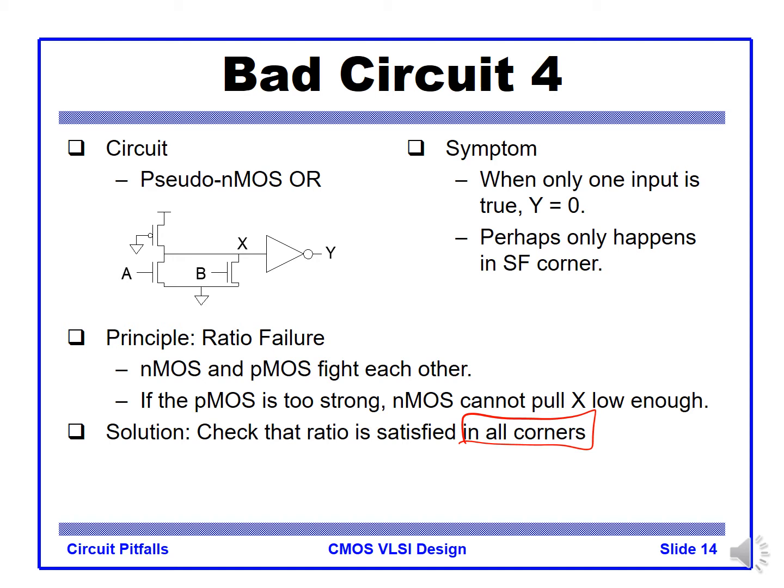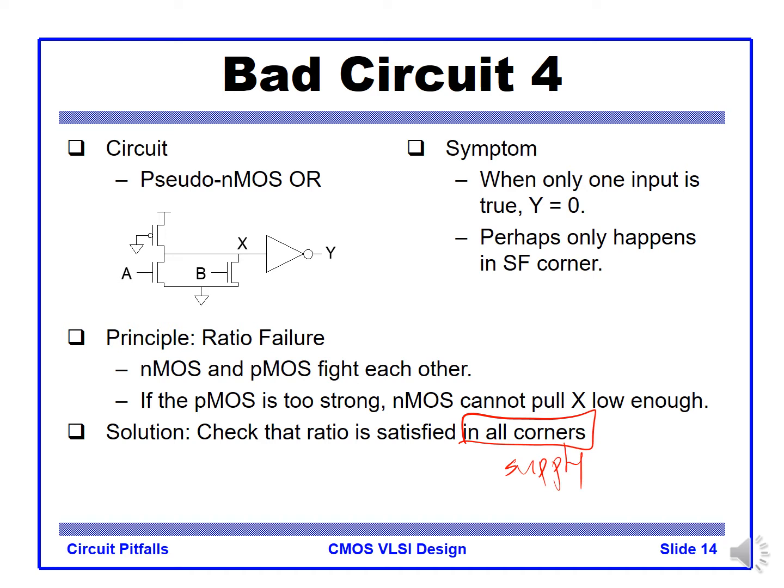So either you check all the corners or you just make it in static CMOS. Static CMOS is the first option. If you cannot meet the design requirement, then you may consider pseudo NMOS, but you have to check all the corners and also all the supply conditions.